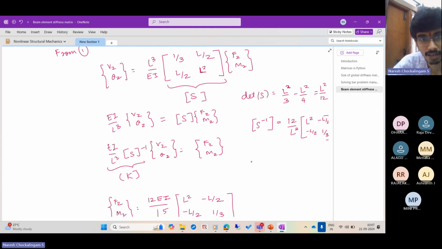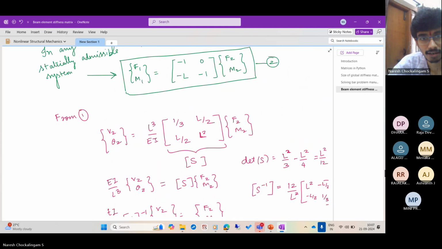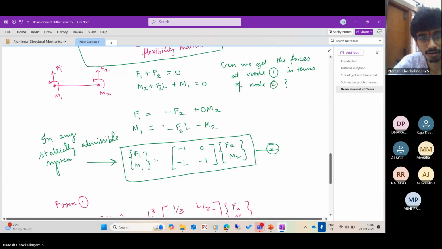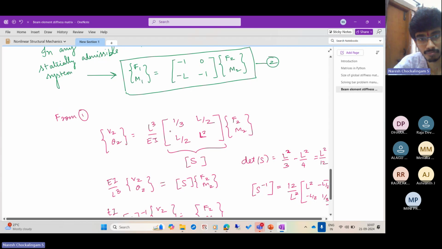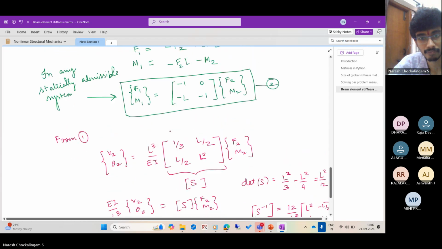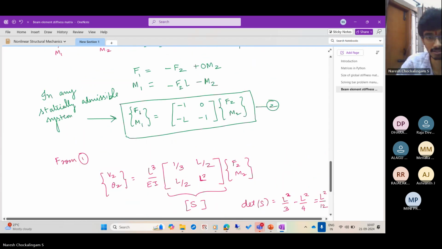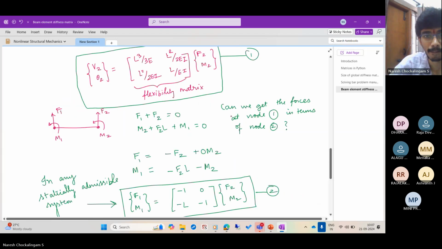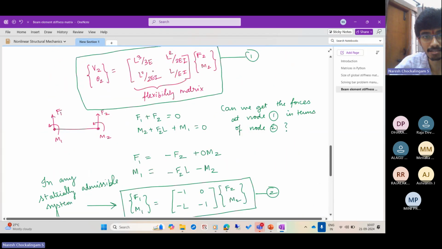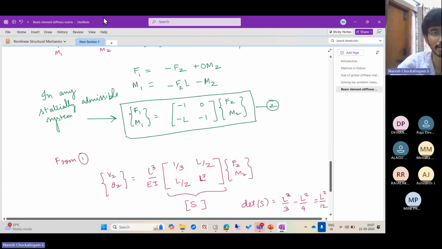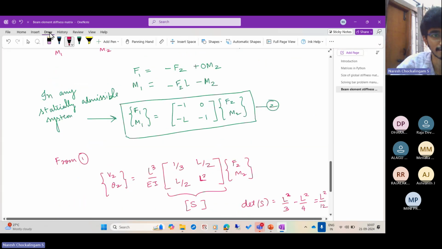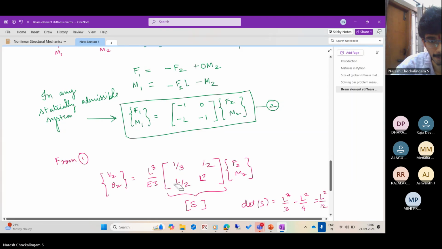Something is off. This is fine, L cube. Okay, this is the problem. It's a mess. So this is L cube by 3EI. So here it is 1 by 2L, yeah, that's what I felt. And this is 1 by L square.